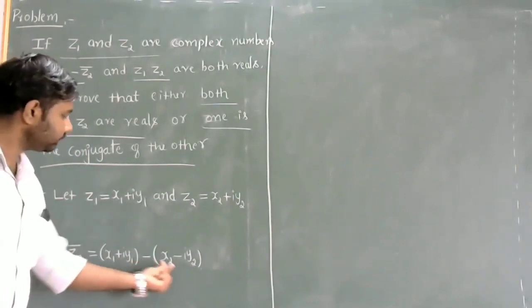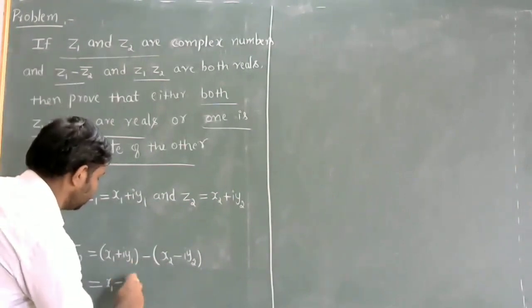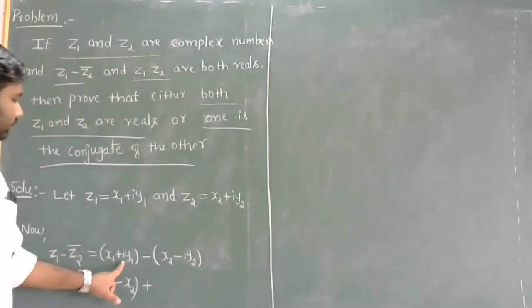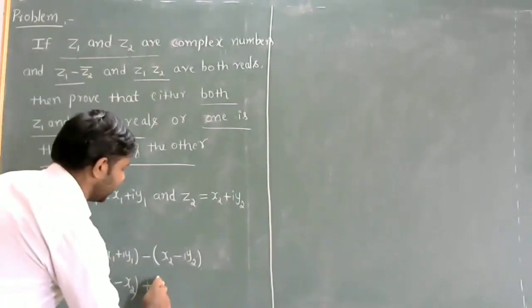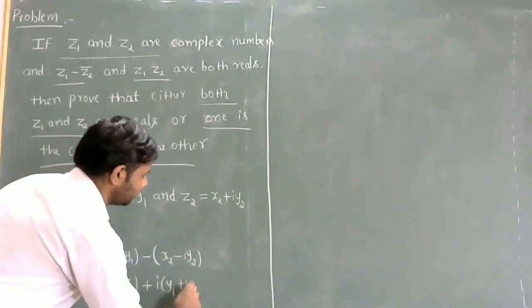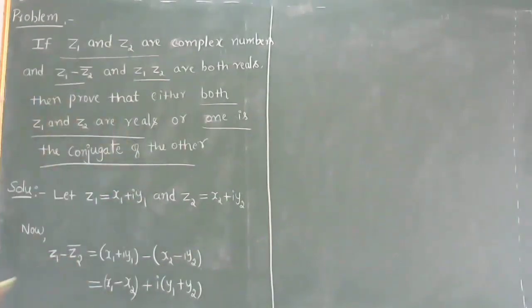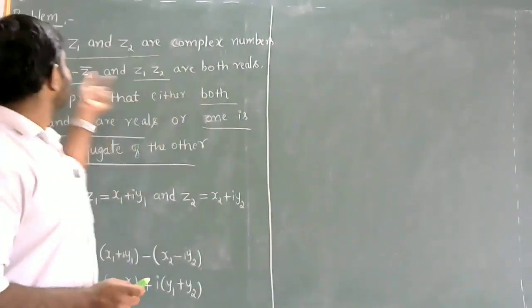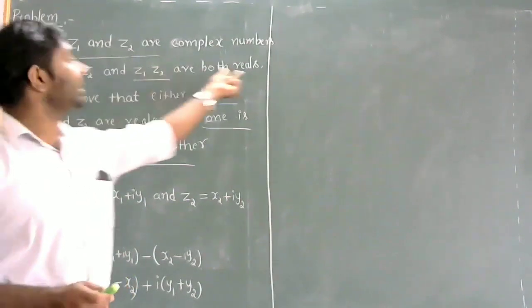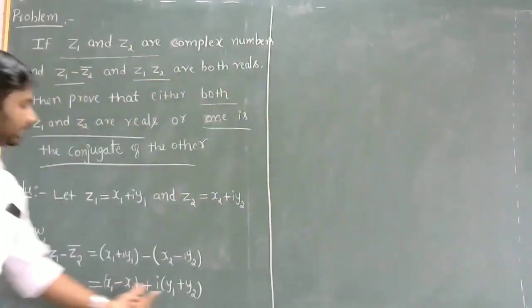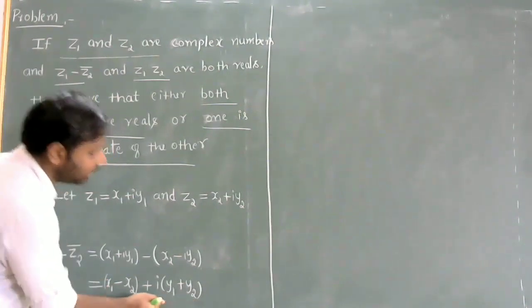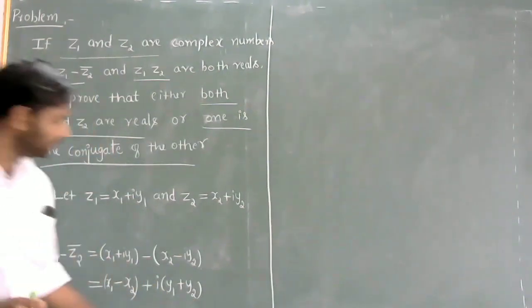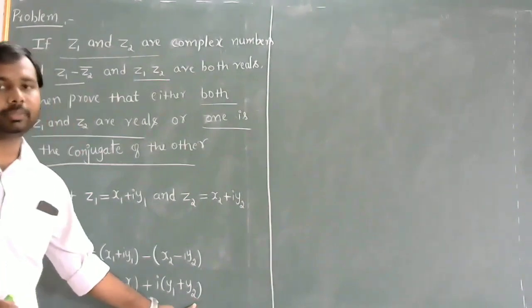It is x1 minus x2 plus i into y1 plus y2. Now, as Z1 minus Z2 bar is a real number, it will not have an imaginary part. That means the imaginary part has to be 0, which means y1 plus y2 has to be 0.